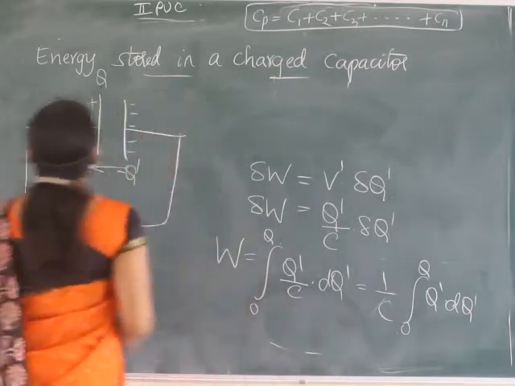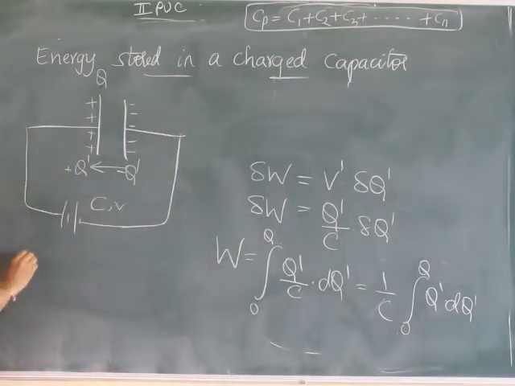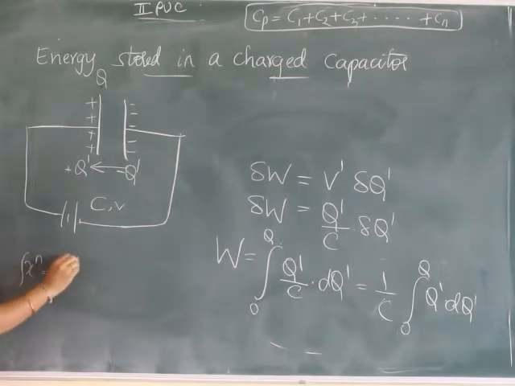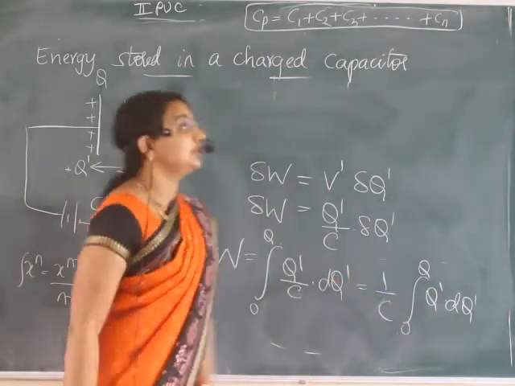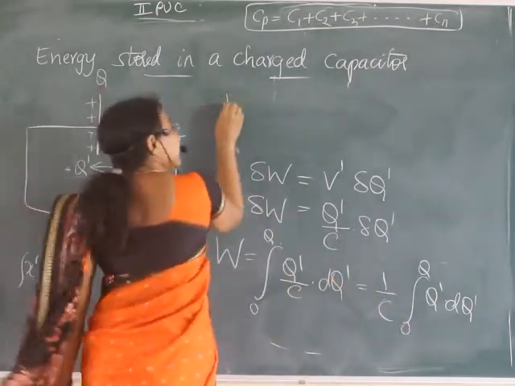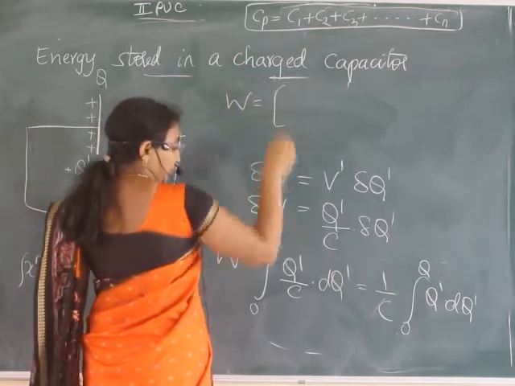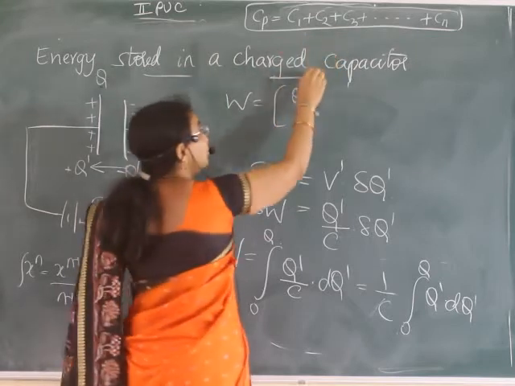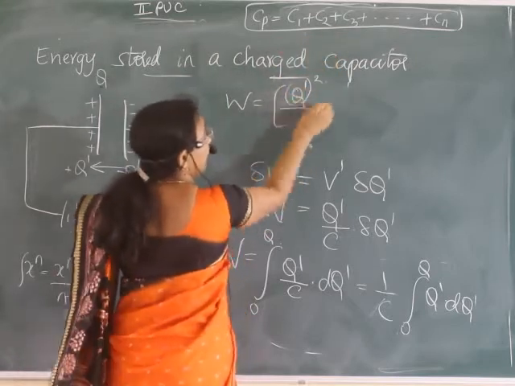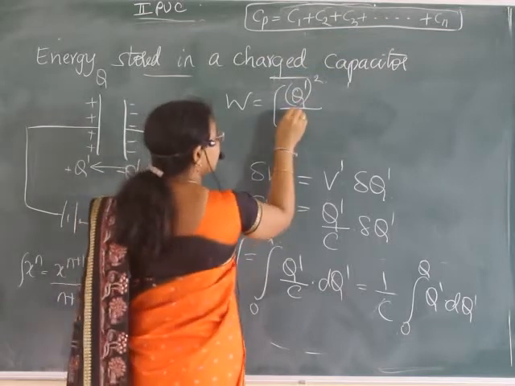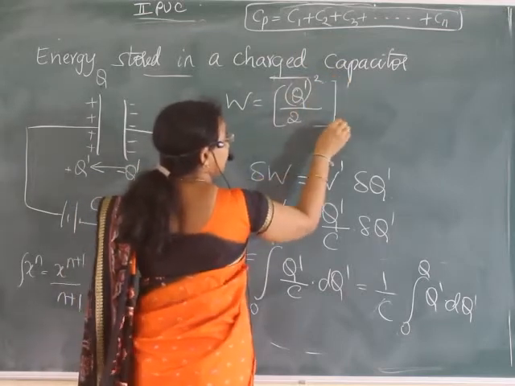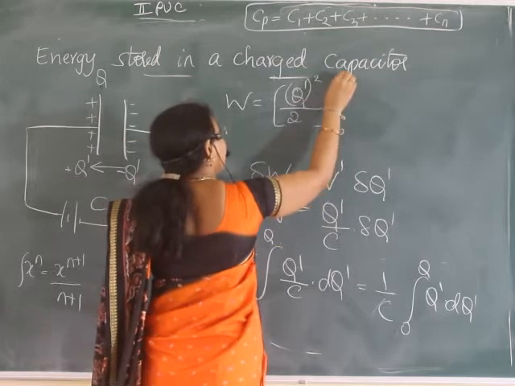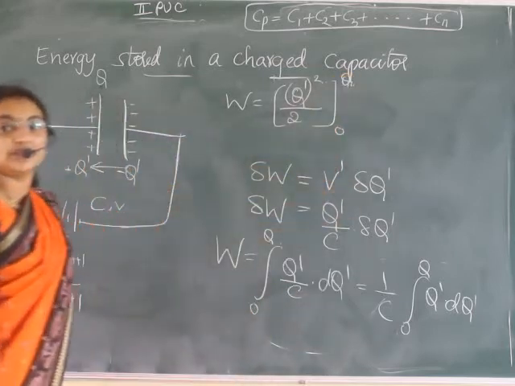Here integration of q dash is q dash to the power 1 plus 1, that is 2, by 1 plus 1 is 2. From where to where? 0 to fully charged Q. This is nothing but the limit.